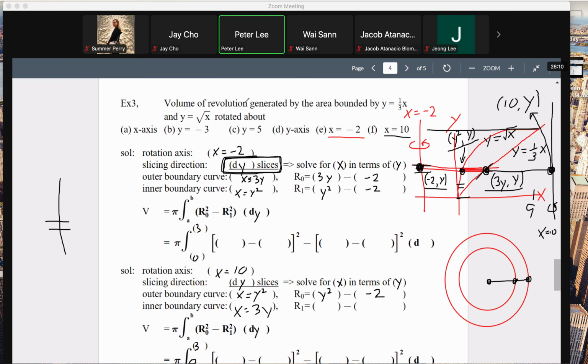And now, what is the outer radius? Let's write this. The outer radius is going to be from here, right here, to here. So that will be x equals 10 minus x equals y squared.